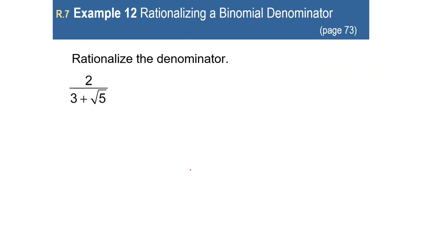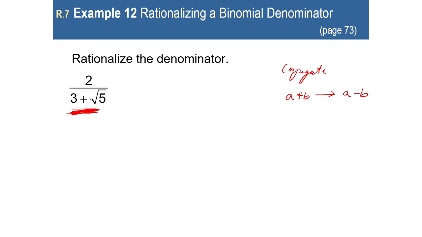In example 12, notice that in the denominator we have a binomial denominator. To get rid of this, you have to use what we call the conjugate. The conjugate of a plus b is a minus b.